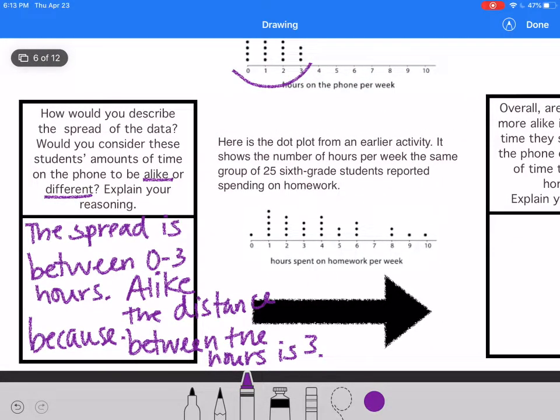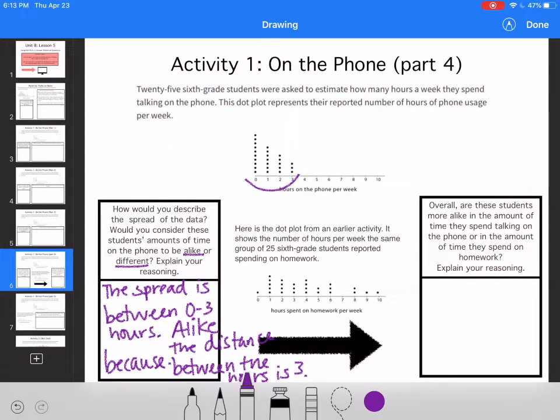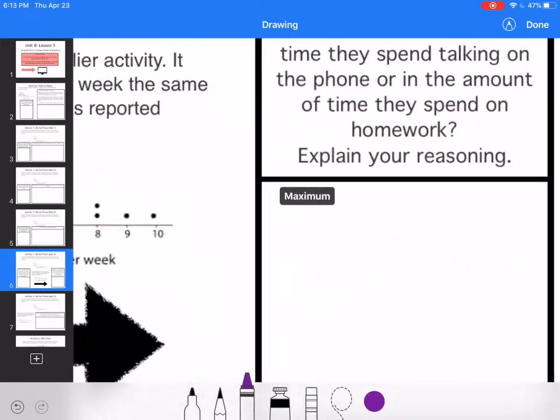So here's a dot plot from the earlier activity. It shows the number of hours per week the same group of 6th graders reported spending on homework. So this was from last week. Overall, are these students more alike in the amount of time they spend talking on the phone, or are they more alike in the amount of time they spend on homework? Well, they're definitely more alike in how they talk on the phone because the spread is larger for the homework.